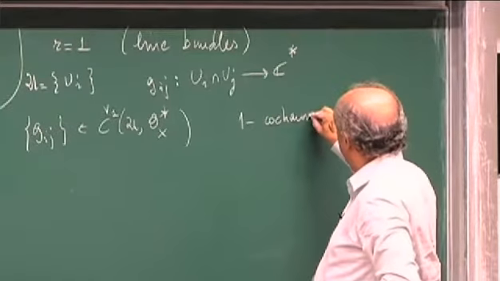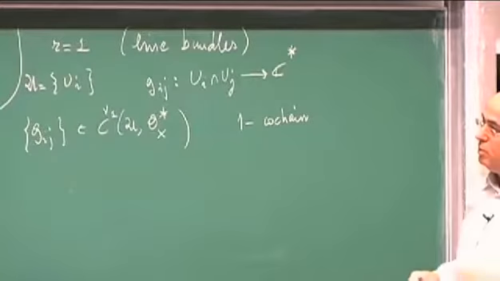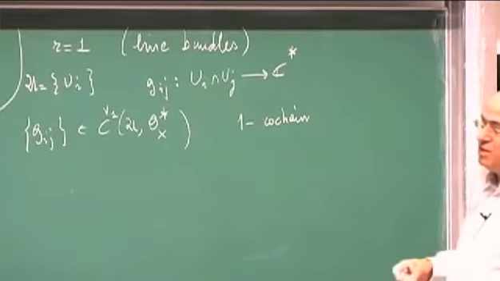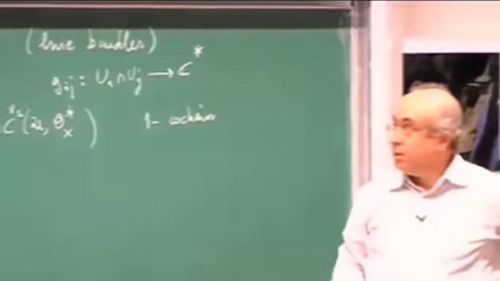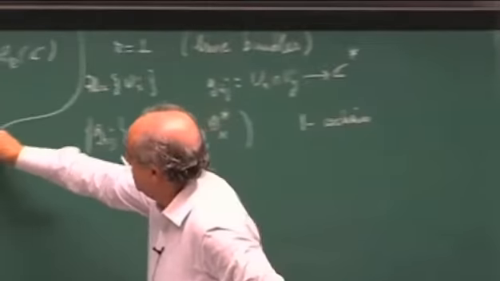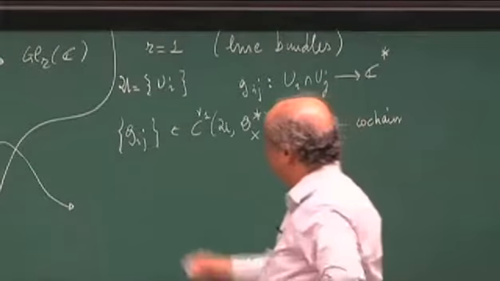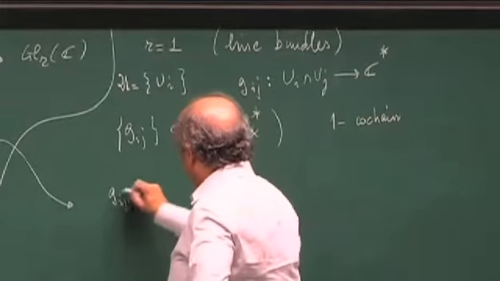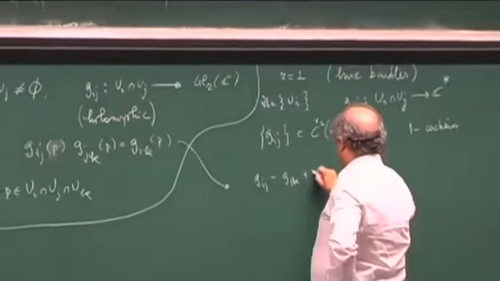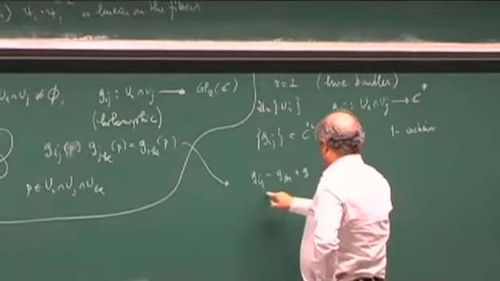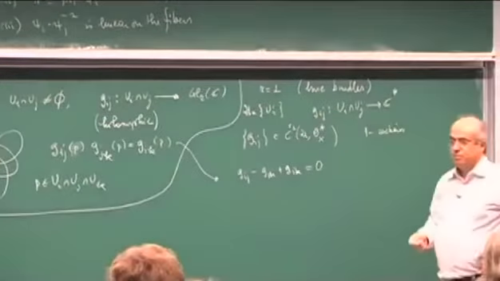But actually, it is more than that, because one can prove that this is closed under the Čech differential. Remember that, to say that this is closed under the Čech differential, I should write something with indices ij, jk, ik.